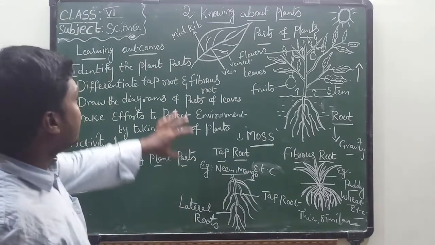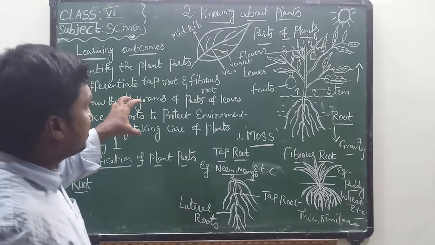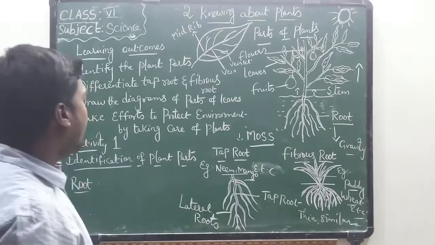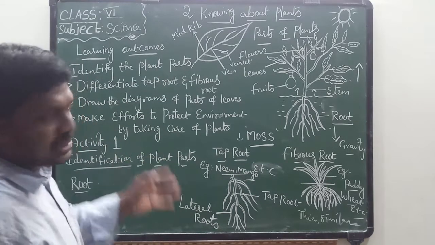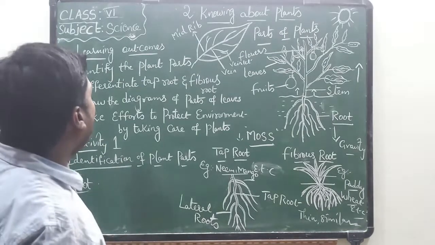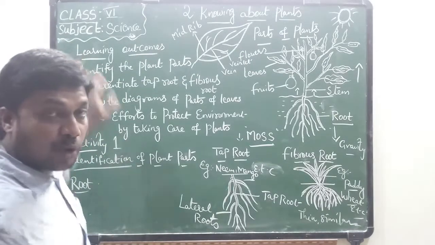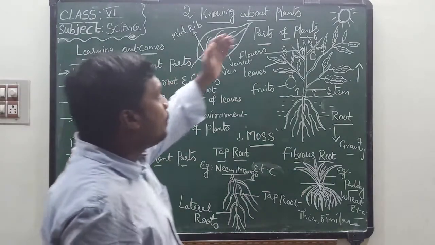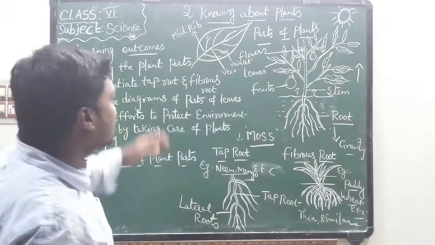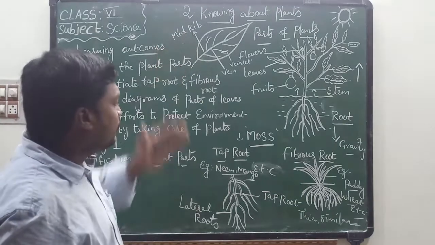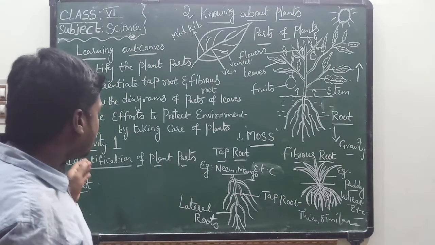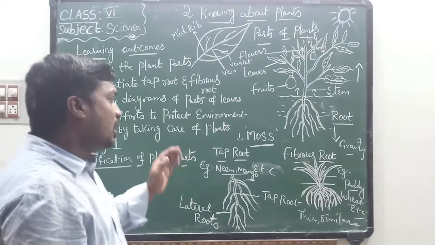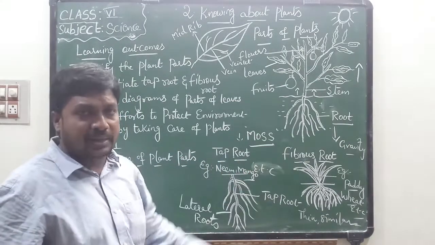Okay children, this is about the first topic in the second lesson, knowing about plants. In this section, we learned about learning outcomes, meaning what we have to learn in this lesson, and we learned about parts of plants, parts of a leaf, identification of different plant parts, and taproot and fibrous roots.